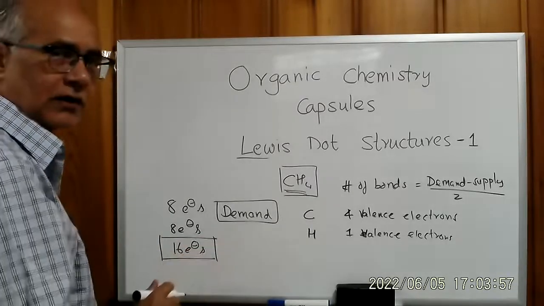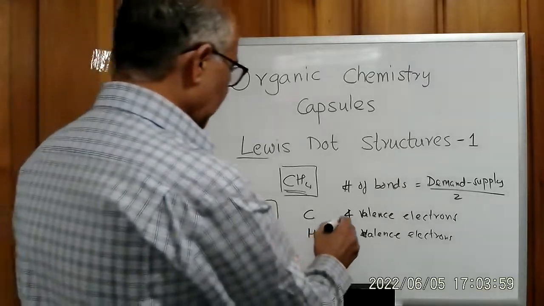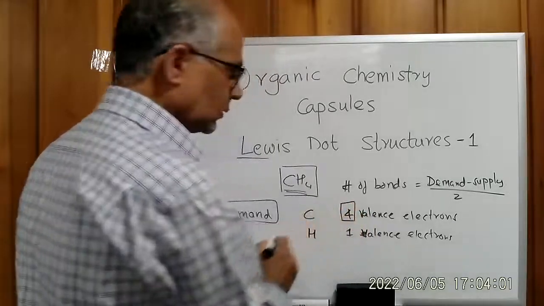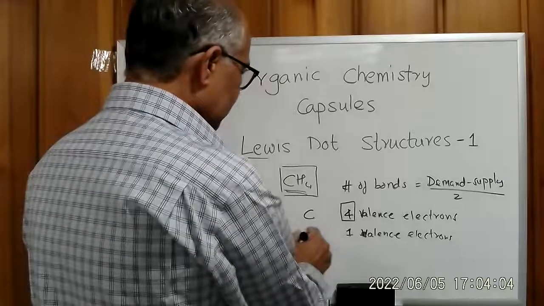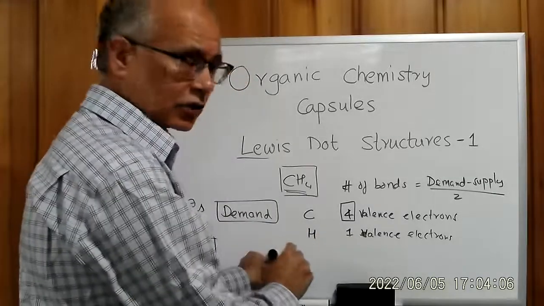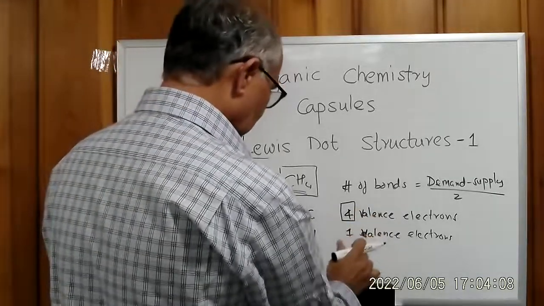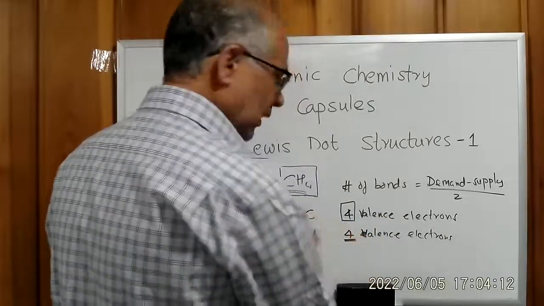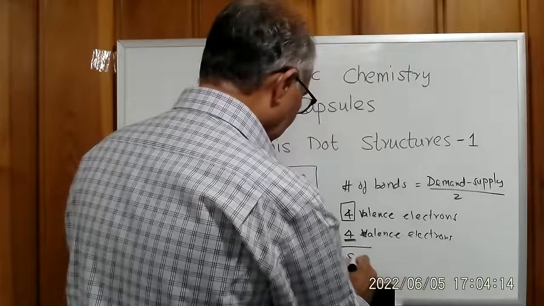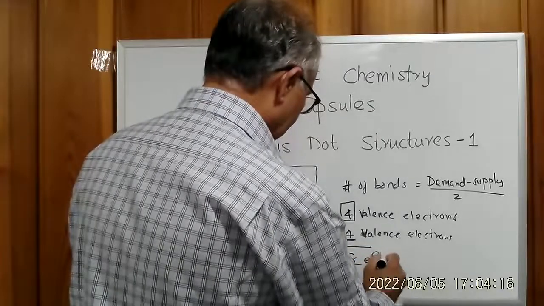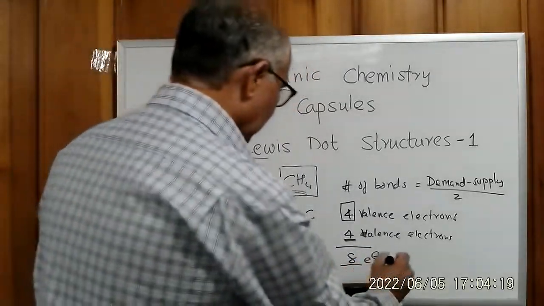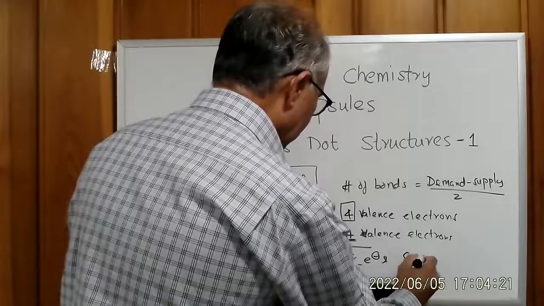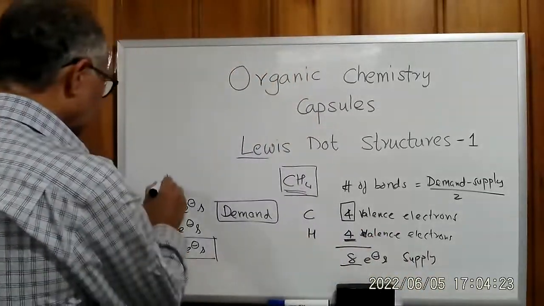Now let's take a look at the supply side. Carbon has 4 valence electrons. Each hydrogen atom has 1 valence electron, so 4 hydrogens will have a total of 4 valence electrons. So the supply is 8 electrons. We have established the supply as 8 electrons, and the demand is 16 electrons.